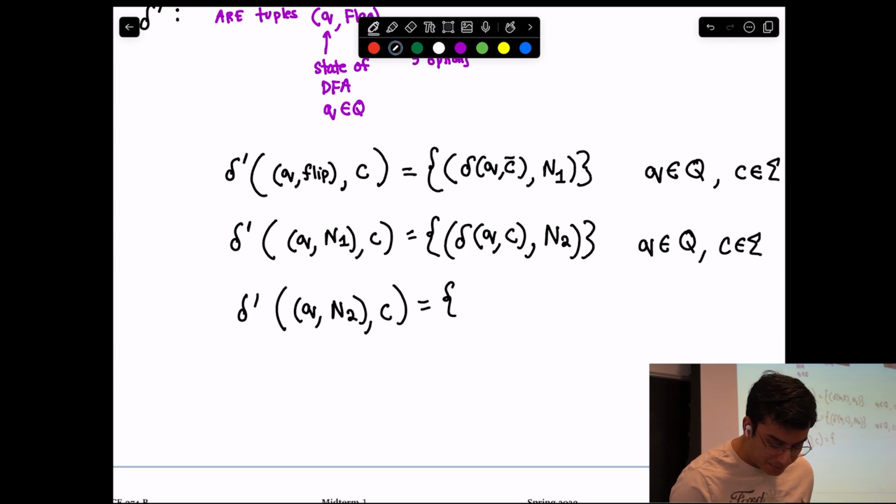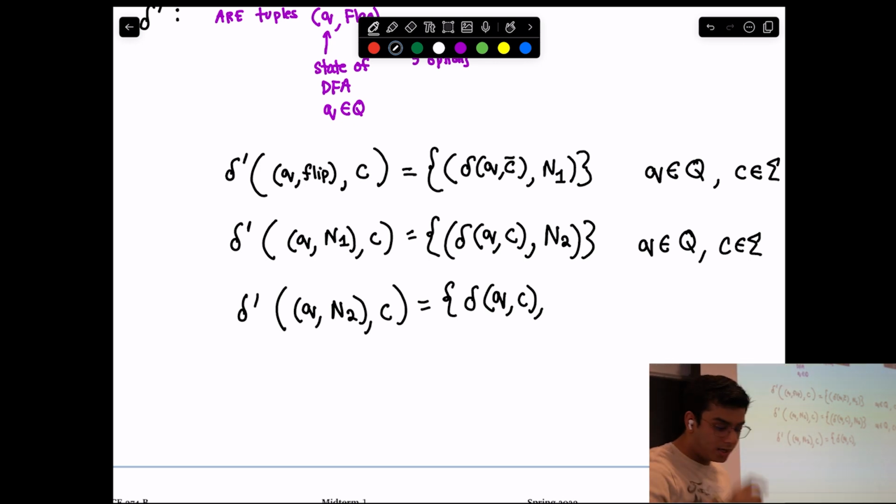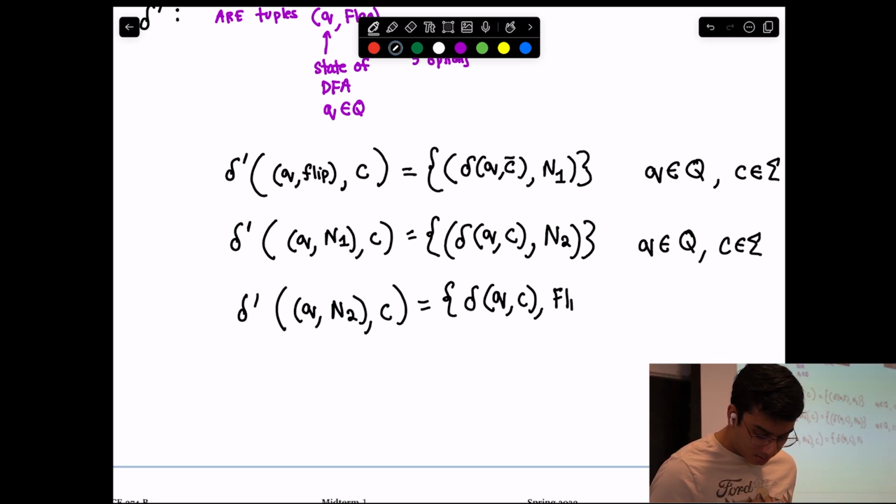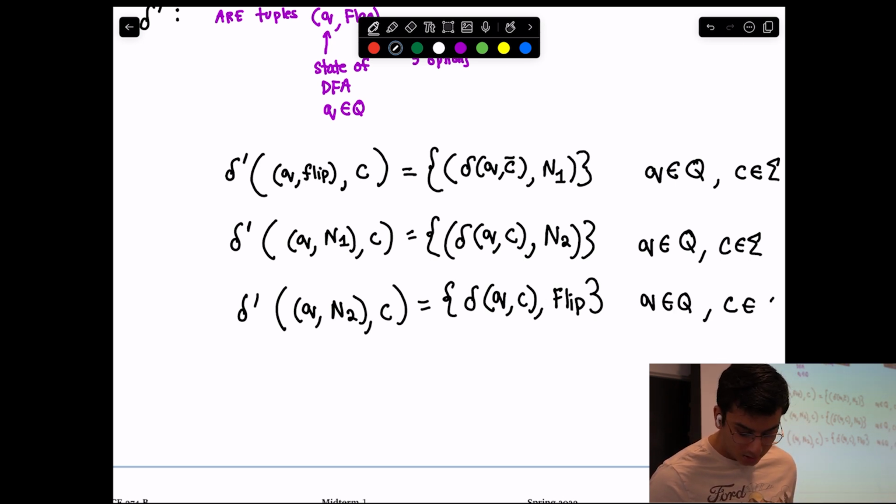So pass it in directly, Q comma C. And the next character that I read, I need to flip. Q belongs to Q, and C belongs to the character C.